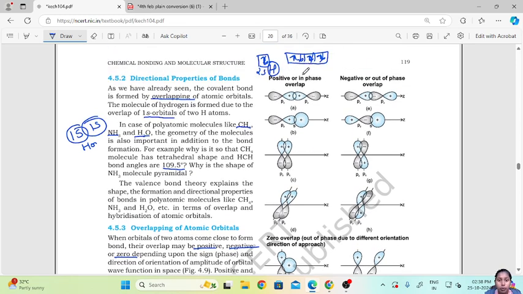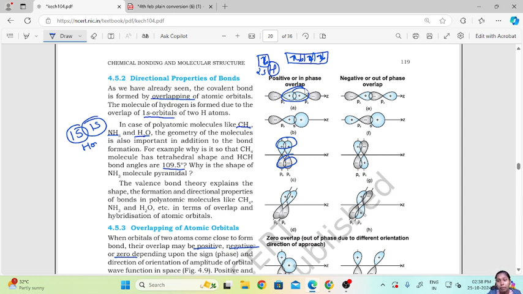So positive overlap means the overlapping takes place between similar orbitals, both positive orbitals, or orbitals with the same signs. Here you can see positive, positive, negative, negative. So when the overlapping is between same-signed lobes, it is called positive overlap.